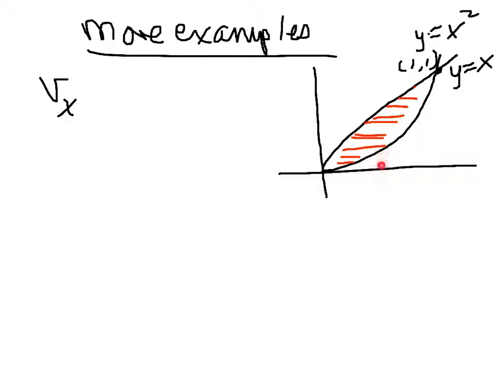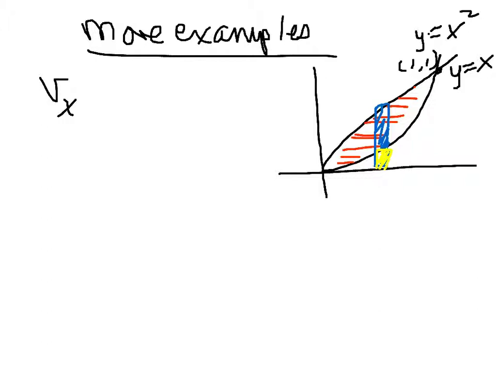And then we want to go up just to the second one, the lower function, and rotate around and subtract. So visually, here's what we're doing. We're going all the way up and rotating that around the x-axis. And then we'll go up only this high and rotate that around the x-axis and subtract.